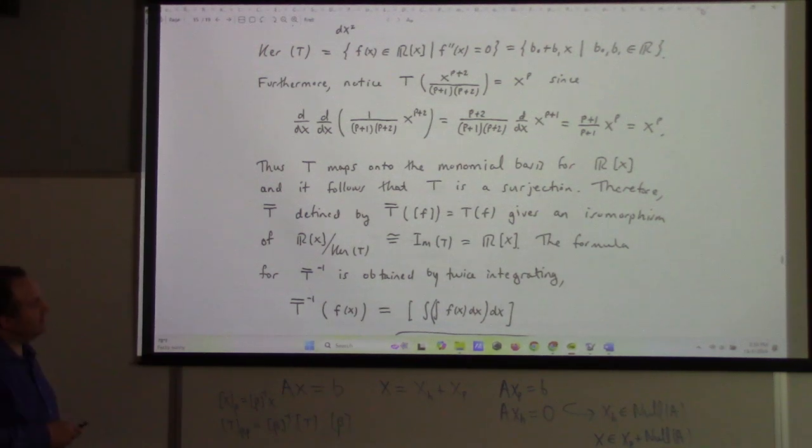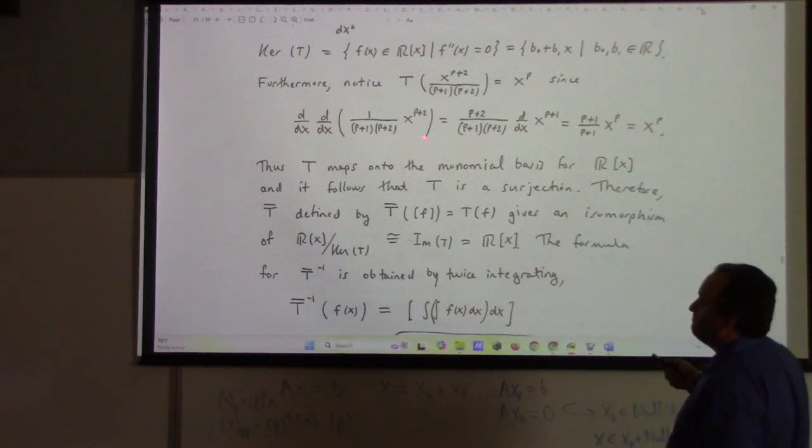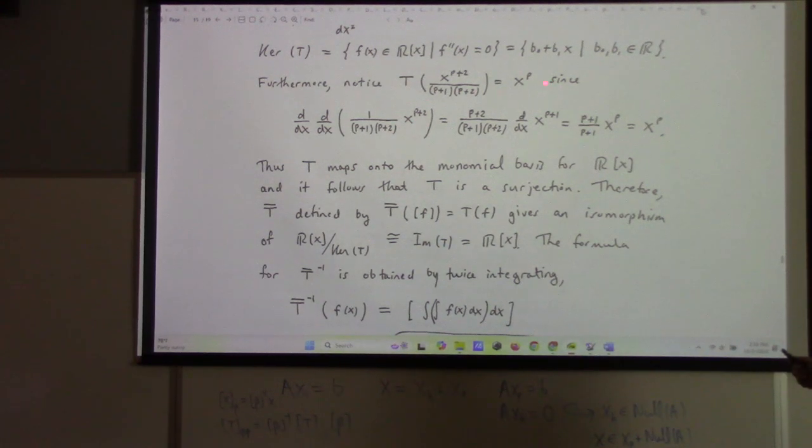Thus, T maps onto the monomial basis for R of x, right? Because I have taken an arbitrary power p and showed you that I can attain it as the image of that, right? So that means that T is a surjection, which means that the T bar defined on the quotient is a surjection, which then means the first isomorphism theorem applies, and R of x mod the kernel is the image of T, which we just proved is R of x.